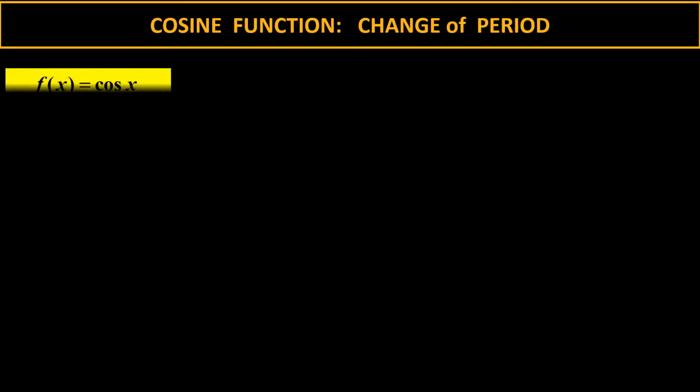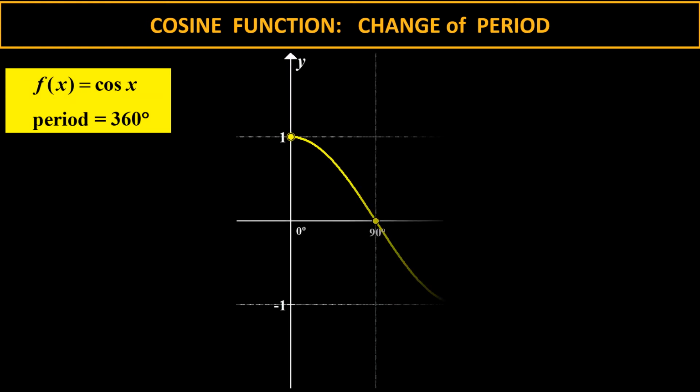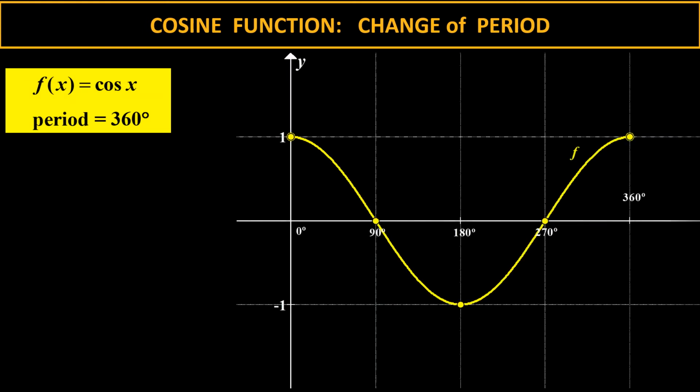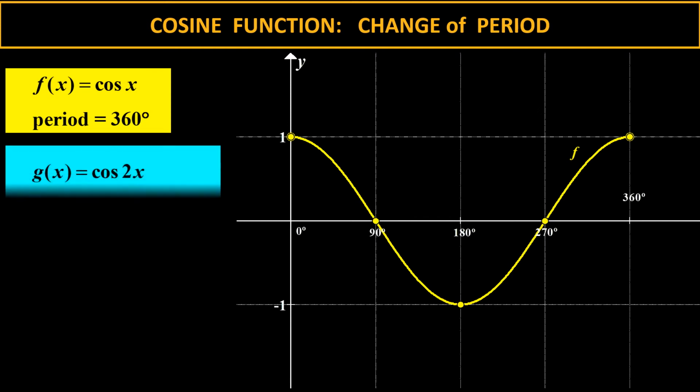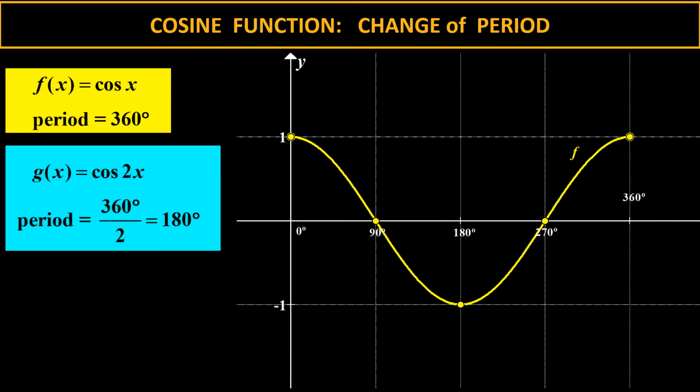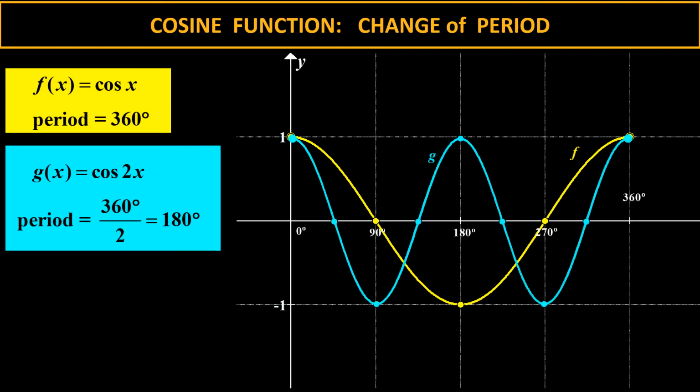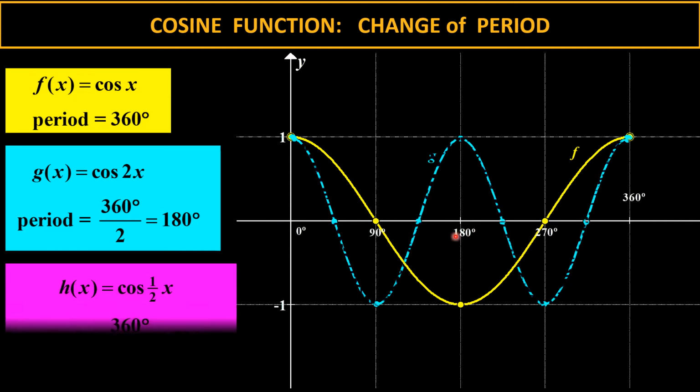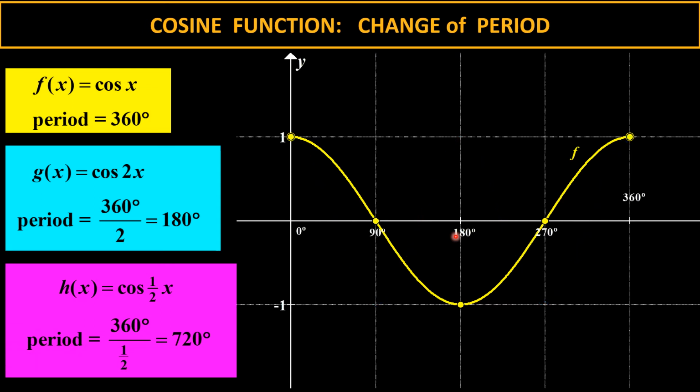Also, let's look at the cosine function as well. There I have the cosine function and also a period of 360. Cosine of 2x, so the period is 180. So in this case, you can see there's one and there's another one, and you can see there's the period 180. Then cosine of half x, I'll have half of this.